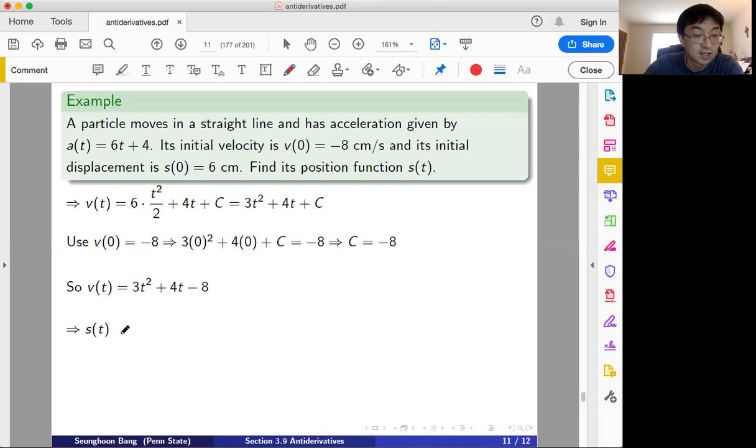Next, find s of t. What's s of t? The antiderivative of v of t. You keep 3. Antiderivative of t squared is 1/3 t cubed, plus 4 times antiderivative of t is 1 over 2 t squared, plus, sorry, not plus, this is a minus, negative 8t plus constant d.